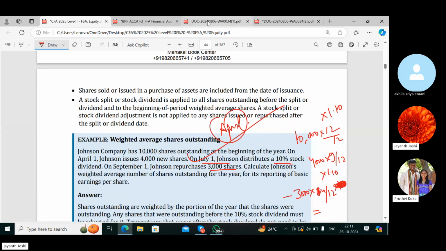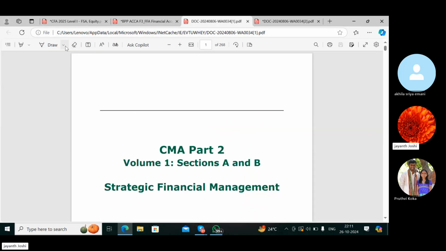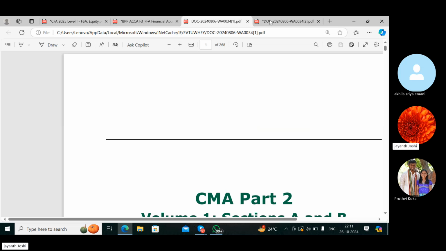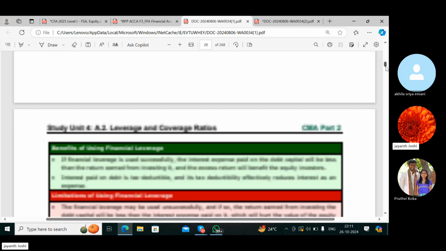In the previous question, what we did was 14,300 minus 1,000. Just a second. In the previous question, the stock dividend was issued afterwards. I'll just show you.